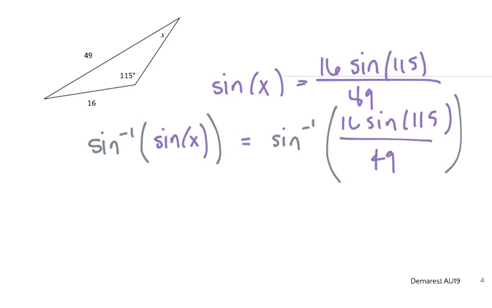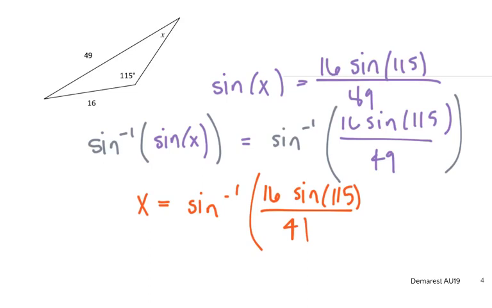And now what we'll see happen is, because sine inverse and sine are inverses of each other, sine inverse of sine of x is just going to leave us with x. So on this side we'll be left with x, and then on this side we're left with something that looks not cute and a little bit algebraically rough, but actually this all simplifies to just a number.